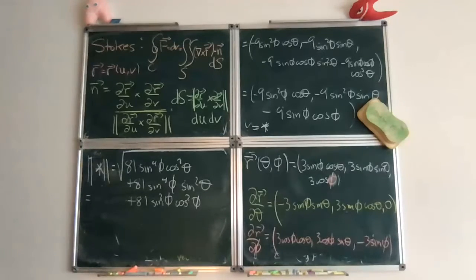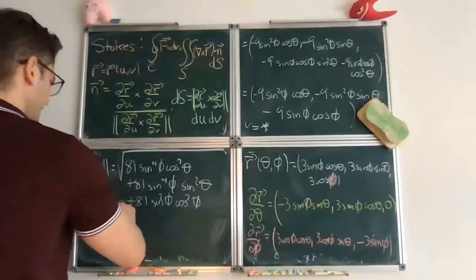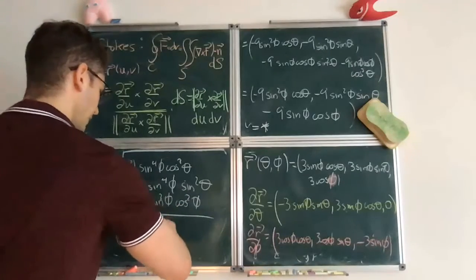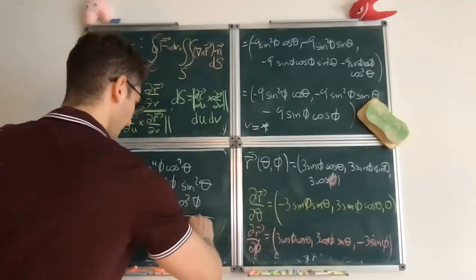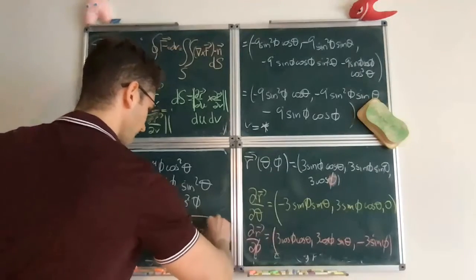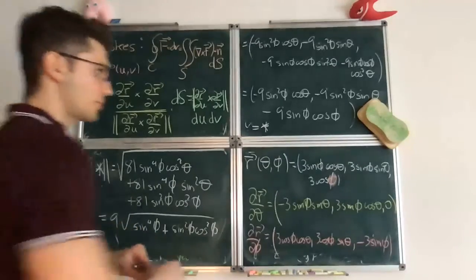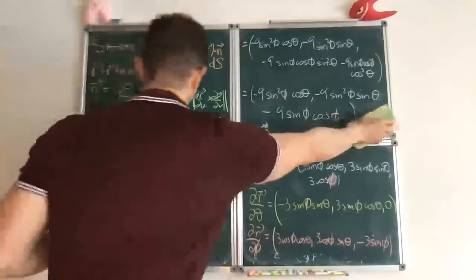So notice that you can combine the first two, and you can take the 81 as a 9, and so you get sine to the 4 of phi plus sine squared cosine squared of phi, and you can pull out a sine squared.